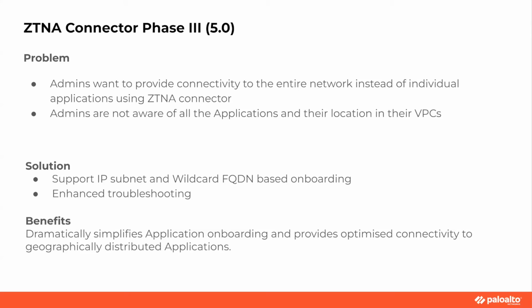So this is an enhancement. We actually have continuous enhancements in every single release, so you're going to see more enhancements in our upcoming release. For this particular release, we basically bring the support for IP subnets and wildcard FQDN-based onboarding. So it will help simplify application onboarding and provide more optimized connectivity for those geographically distributed applications.